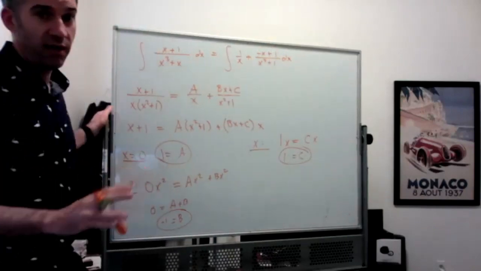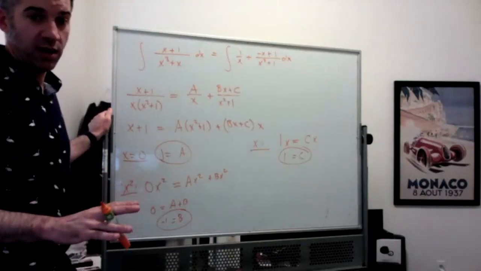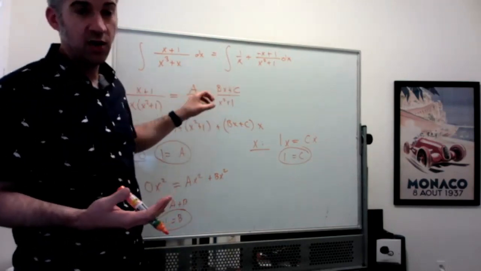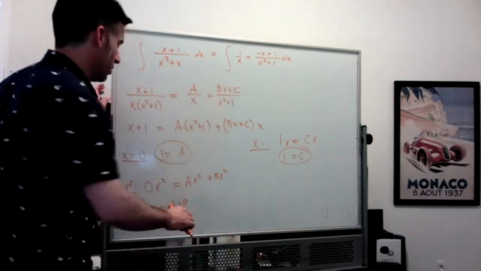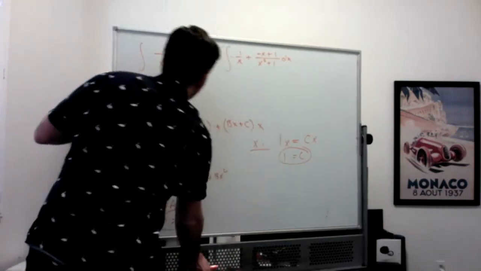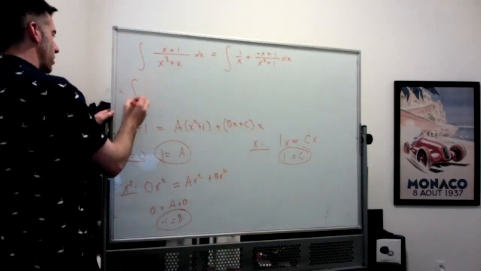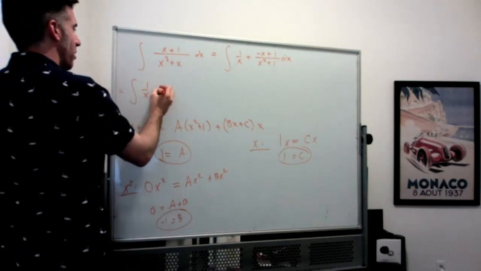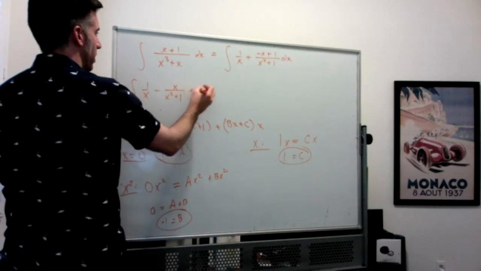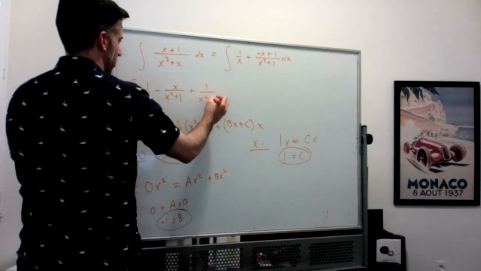Whenever you have an irreducible quadratic factor, if you get both of these being not 0 on top of it, you want to break them up into 2 different fractions. I really, really want to write this as the integral of 1 over x minus x over x squared plus 1 plus 1 over x squared plus 1.